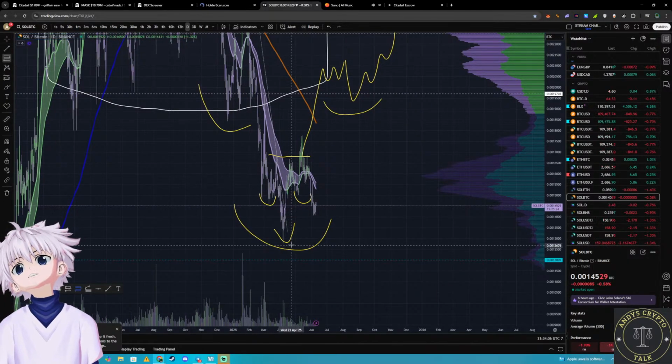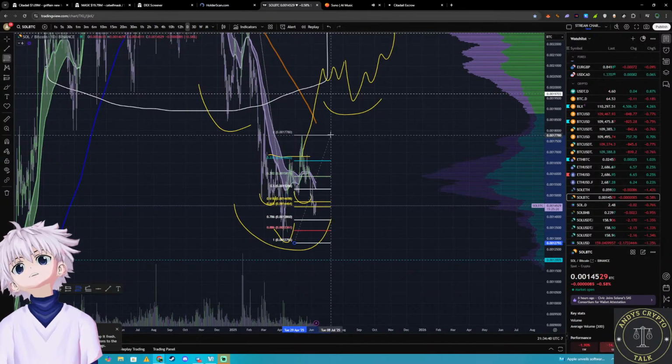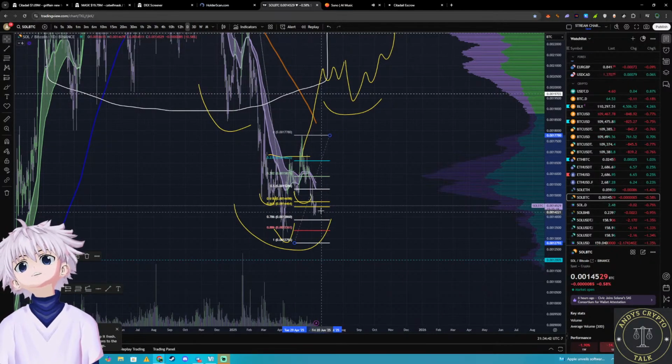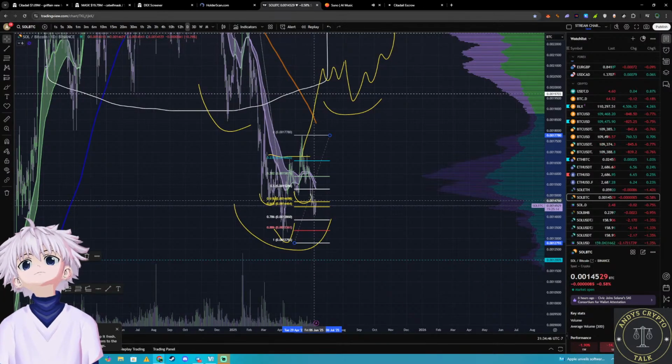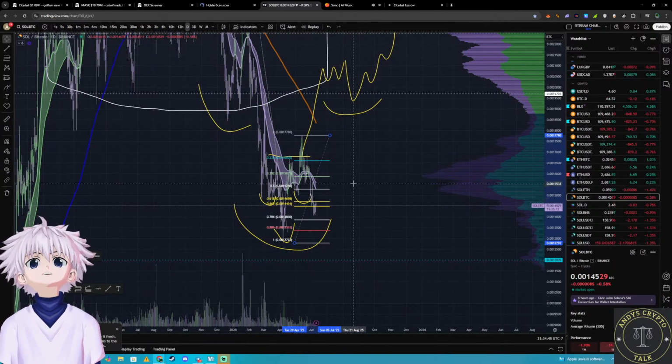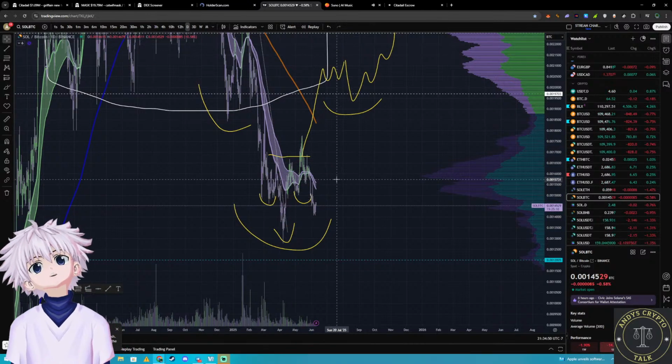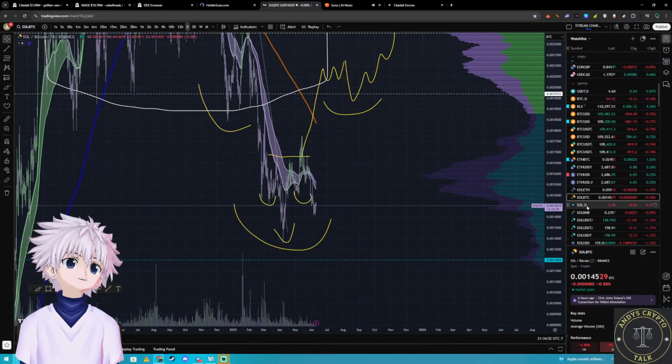You can see that on the fibs. This will probably be a nice bounce spot for the higher low, and we can see that it dipped towards the 0.786, but we're in that golden pocket right now, so it's a good spot to be moving up from.